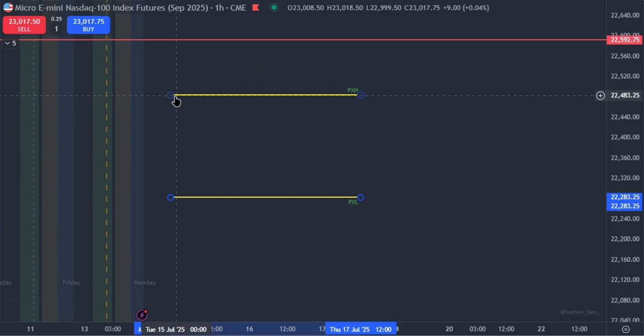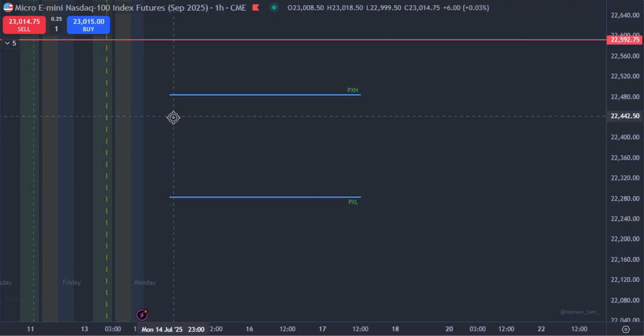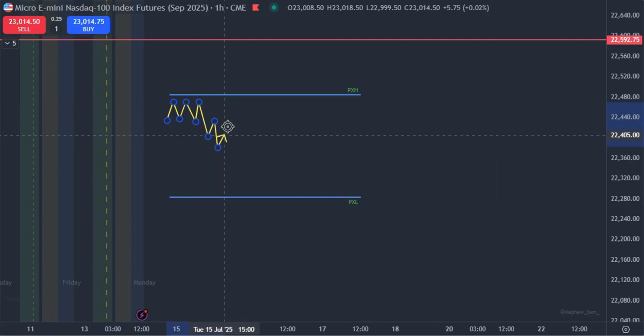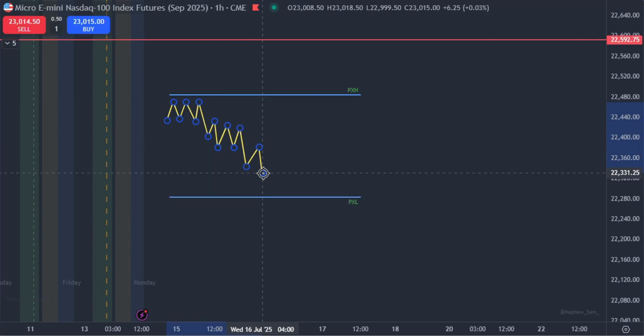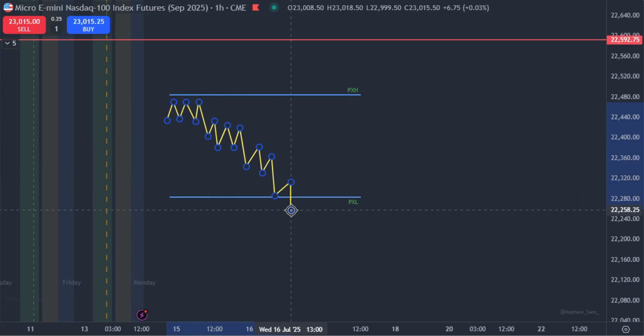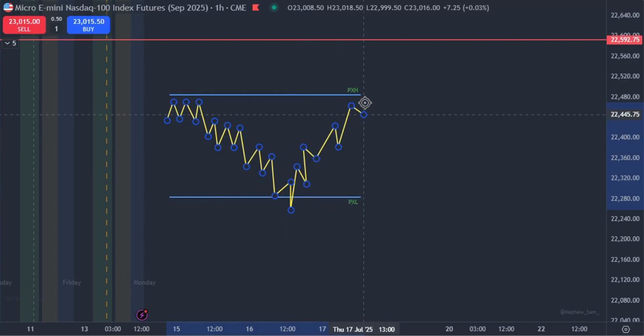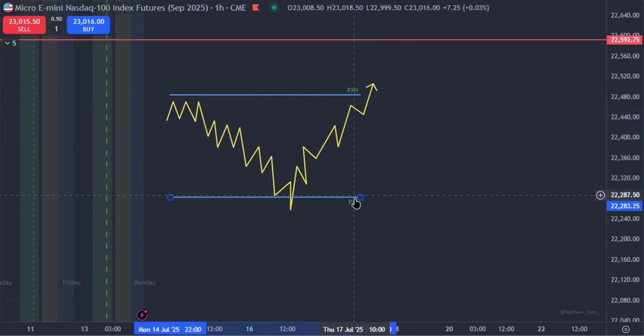Again, let me change the colors on these real quick. So again, we purge a previous 90-minute cycle low.